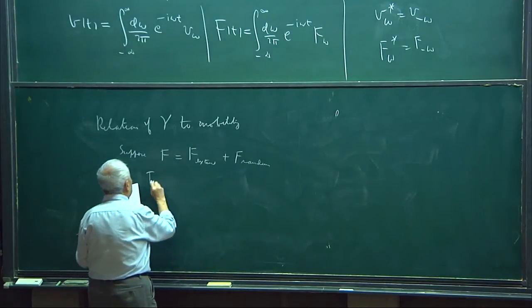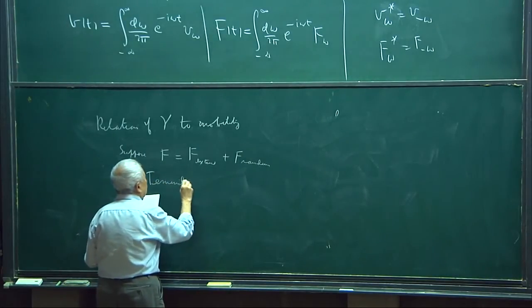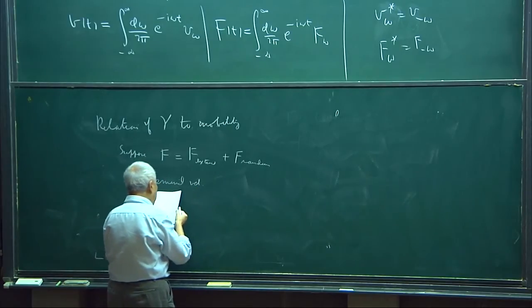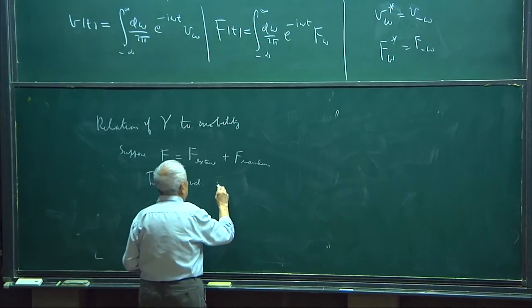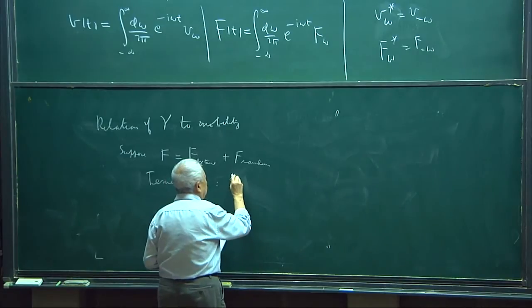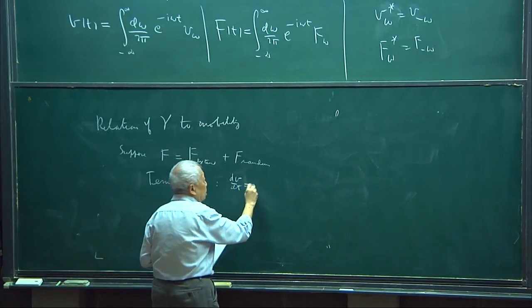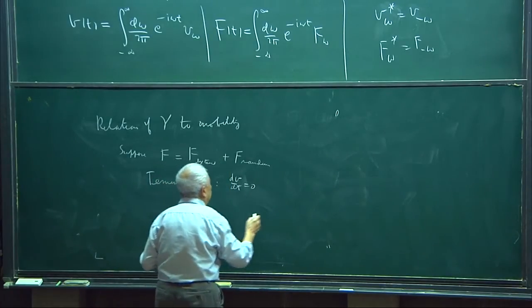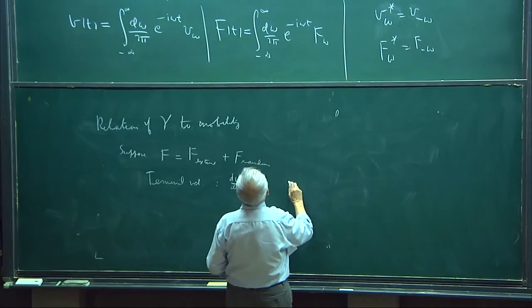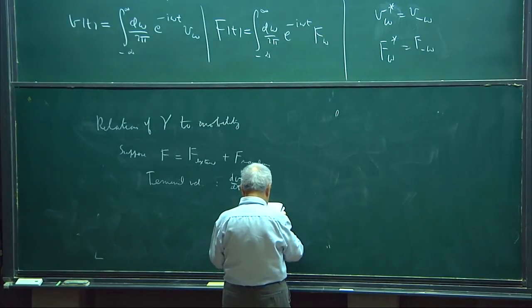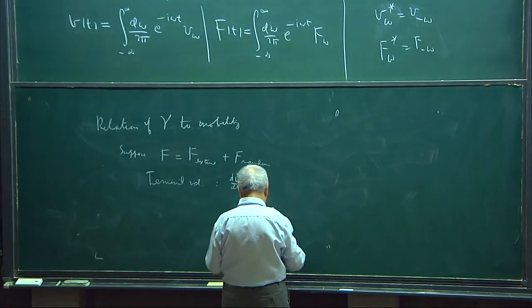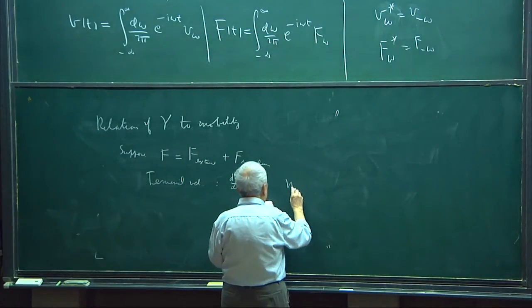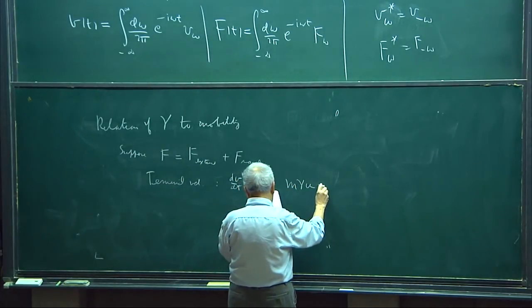Then the terminal velocity is obtained by setting dv/dt equal to 0, right? When you plug it into the Langevin equation, you will find that m gamma u is equal to F external.